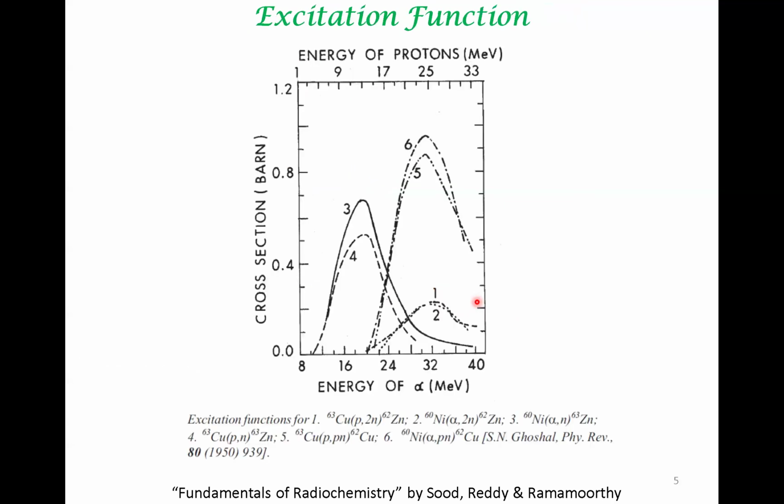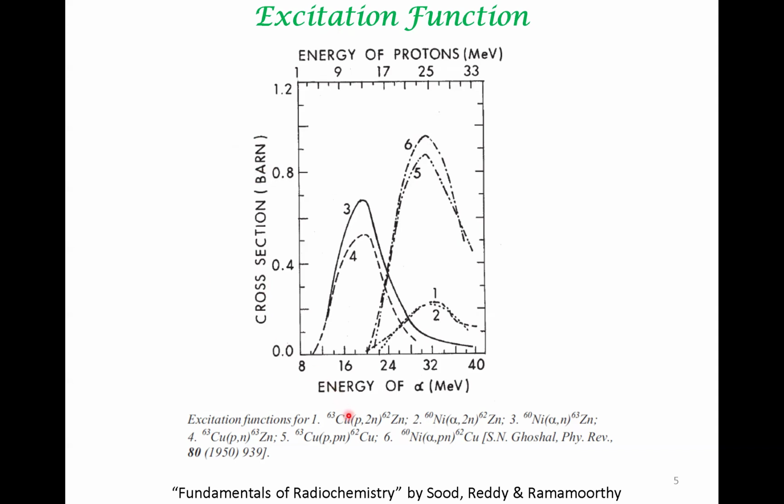So there is another important feature. We will use this term. We'll revisit this term many times during the next few lectures. It's called the excitation function. First, let's just look at some features. What is plotted here along the y-axis is the cross-section. The unit is barn.